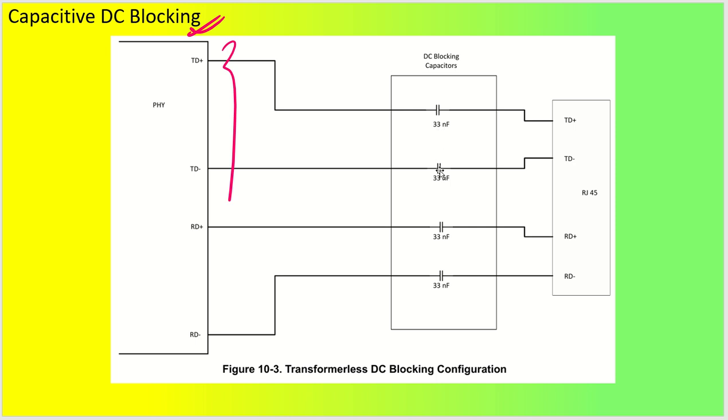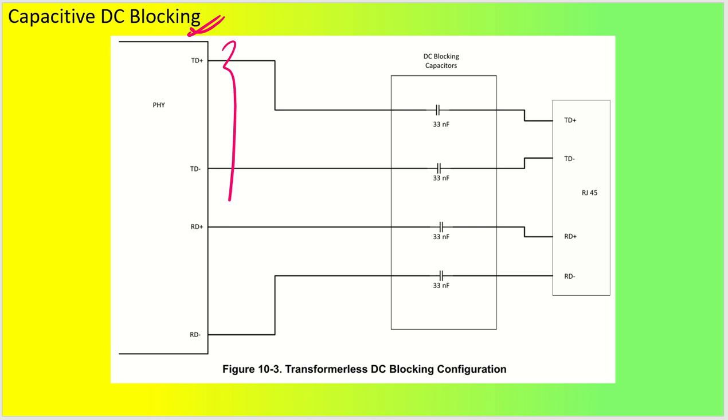Similarly, the RD plus and RD minus differential lines can be sent to the RJ45 connection through DC blocking capacitors of 33 nanofarads. This is also called the transformer-less DC blocking configuration, where the transformer has been removed from the interface between your Ethernet PHY and the RJ45 connection.